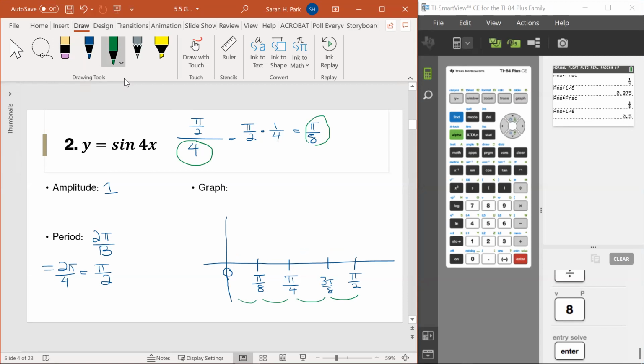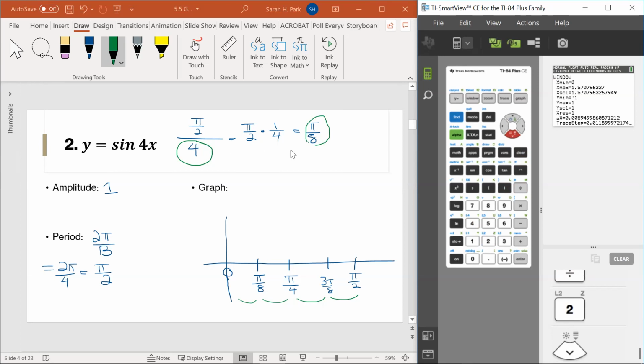And now we can graph this using the graphing calculator. So sine of 4x. Then we can go to window. My x minimum is going to be 0. The x maximum is pi over 2. And my x scale is pi over 8.